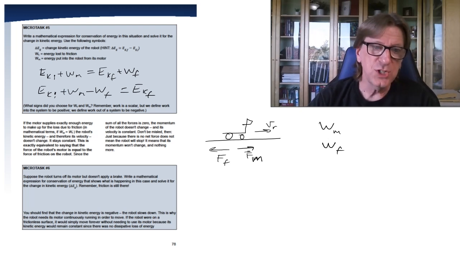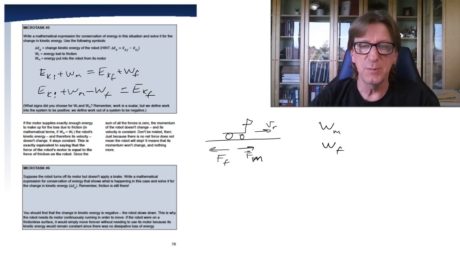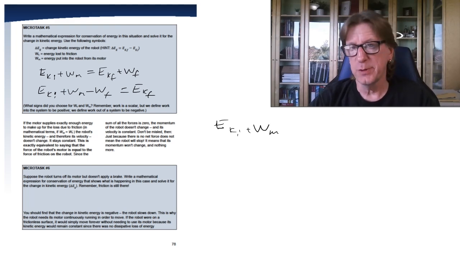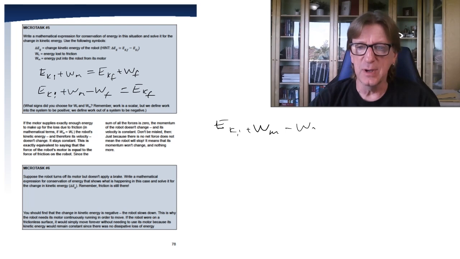So the change in energy then, we've run out of space in the box, so let's just write it out here where we can get to it. So my change in energy then, let's copy over what we have first, EKI plus WM, and you can do whichever form you want, they're going to end up being the same. Let's say minus WF equals EKF, since that's the one at the bottom.